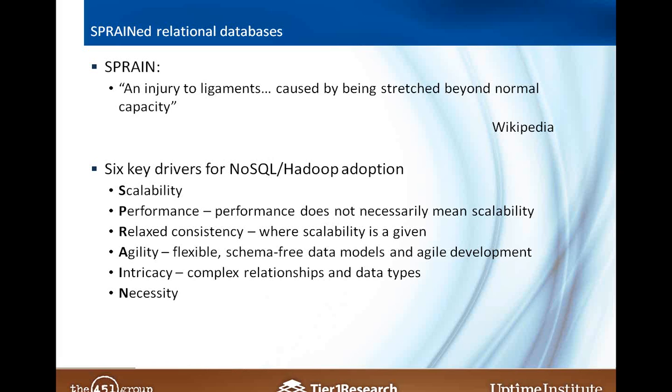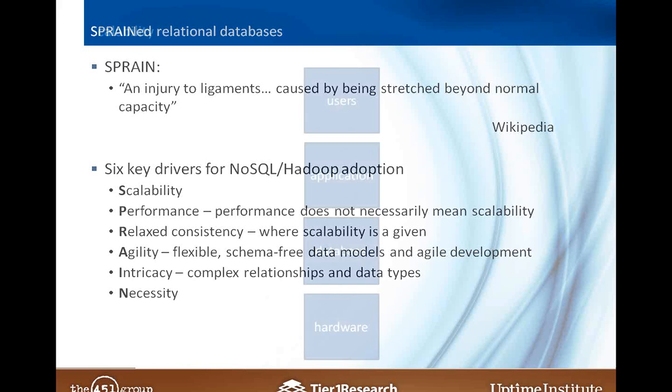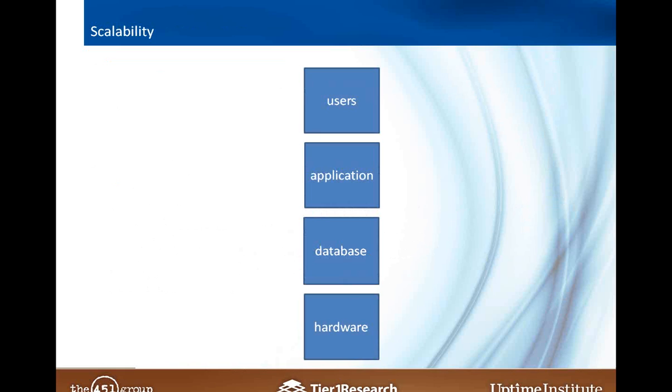So with the caveat that it's just one of 6 drivers that we see, let's focus on scalability, because clearly it is one of the most significant drivers. As you can see here, we've got an obviously very simplified representation of a system stack with the hardware and operating system at the bottom, the database application, and users at the top.